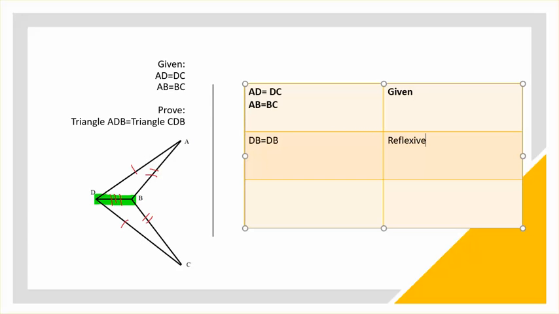Well, I have those 3 pairs because I started with 2 pairs of equal sides up there in my given, and I wrote down another pair of equal sides. That means I'm ready to say that those triangles are congruent. I now know that triangle ADB is congruent to triangle CDB. And again, look at what pairs I have equal. I have 3 pairs of equal sides. So that's side, side, side.